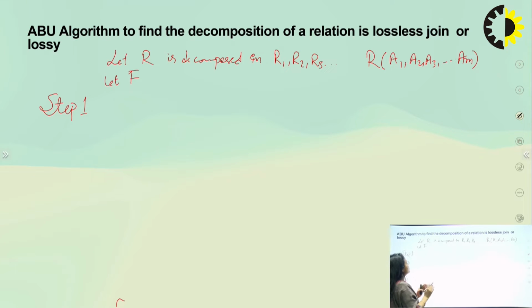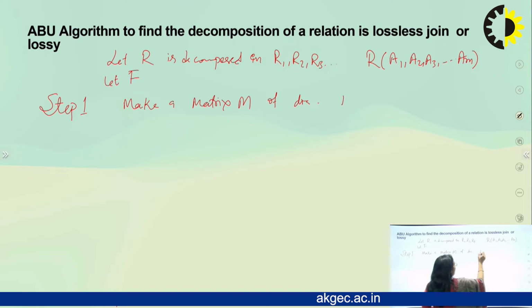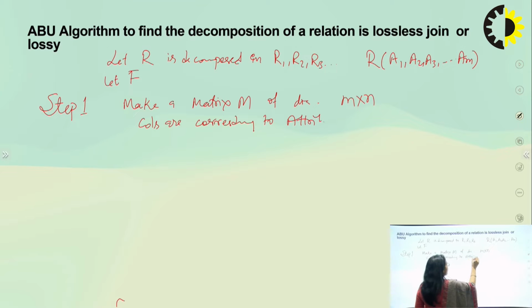In step 1, we will make a matrix M of dimension M into N, where columns correspond to attributes.